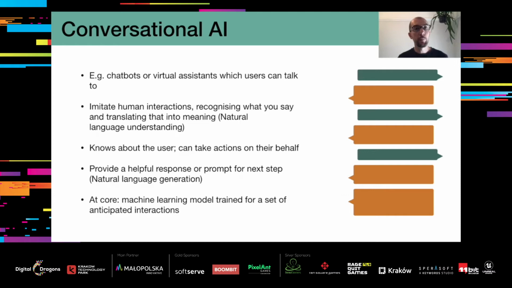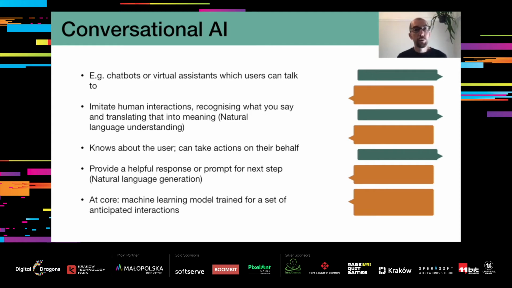And the final building block is conversational AI. For example, chatbots or virtual assistants which users can talk to. And this really brings together both the natural language understanding and the natural language generation to imitate human interactions, human conversation. Doing this by recognizing what you say and translating that into meaning.